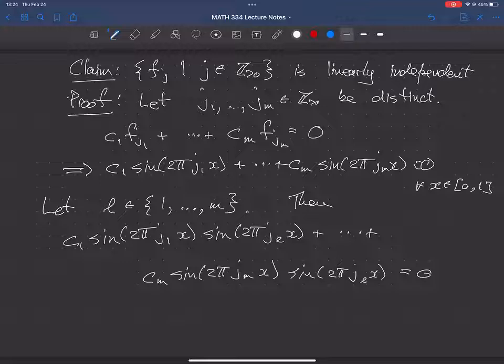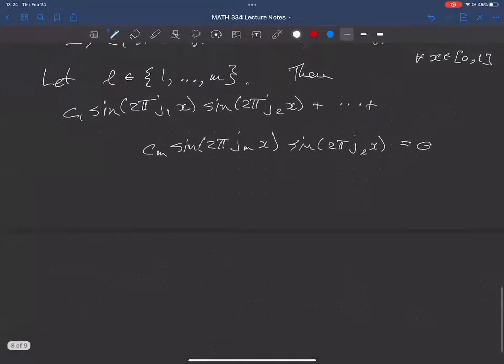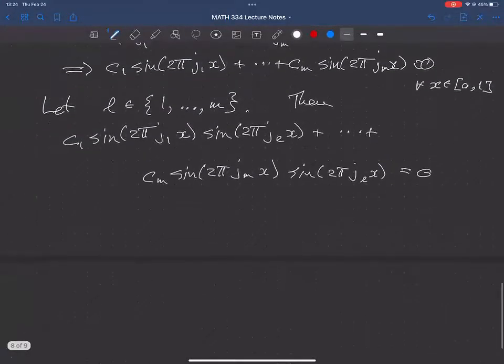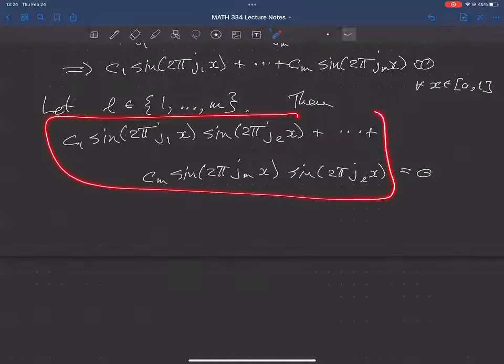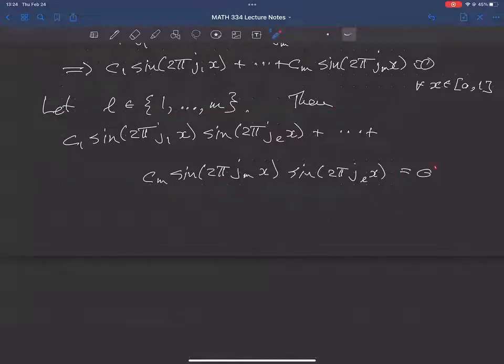Okay. Now I'm going to do another calculation on this, and the calculation I'm going to do is integrate. So I have the 0 function again. Here I've just taken the 0 function and made a more complicated representation of it, but it's still the 0 function. So I'm going to integrate now between 0 and 1.